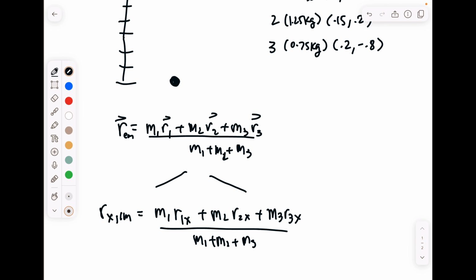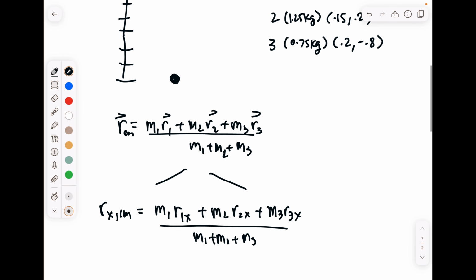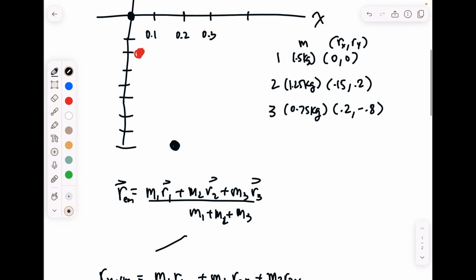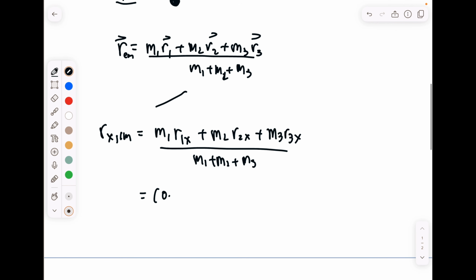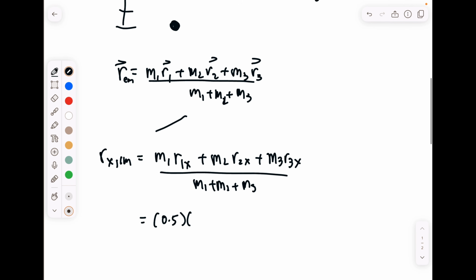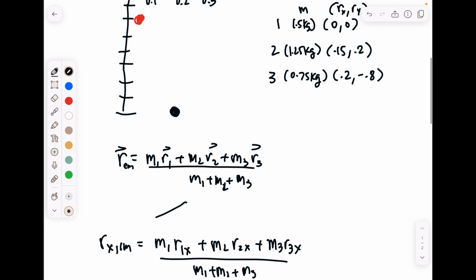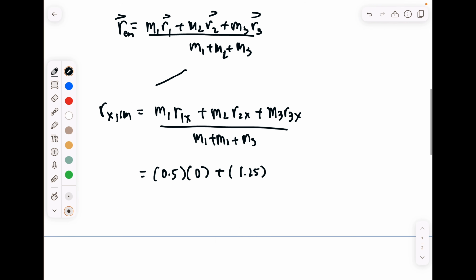So let's find the x and the y coordinate using this form, right? This is only the x form. So let's do the x for now. So our first mass was 0.5, then 1.25, 0.75. And then the r coordinate in the x was 0. And then the next mass was 1.25, and it was at 0.15, x coordinate.